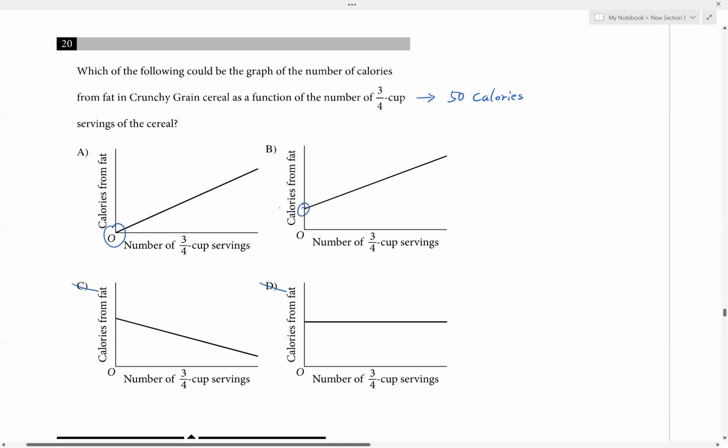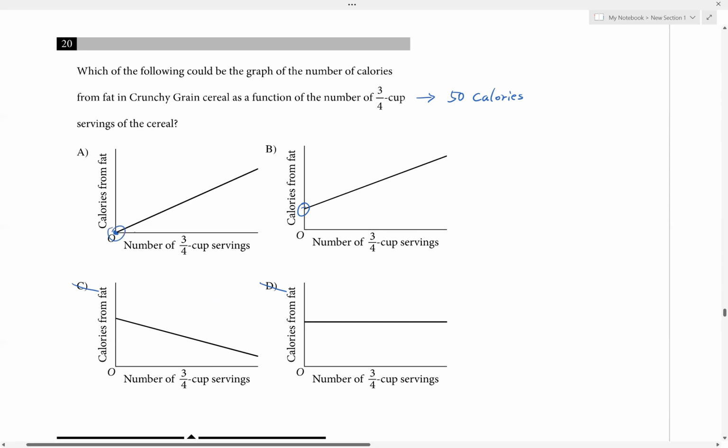Okay, so which one makes sense? If you think about this, at the origin the number of servings has to be 0 as well, so the x value here is also 0. If the x value is 0, that means we have no servings, no cereal. If we're not having any cereal, what's the total amount of calories? It has to be 0 as well.